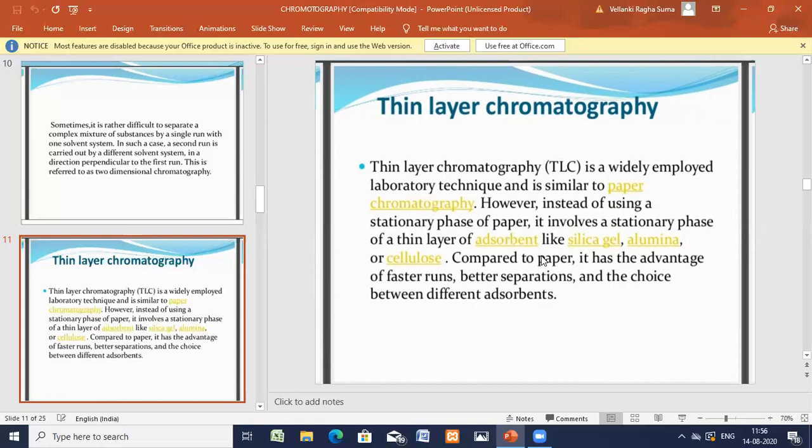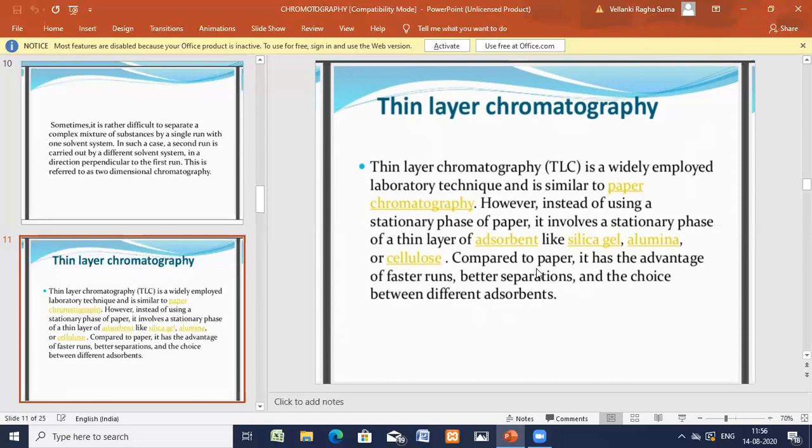In that column, silica gel, alumina, or cellulose is used. For TLC, the packing adsorbent is the silica gel, the alumina, or the cellulose, whereas for paper chromatography the stationary phase is paper.